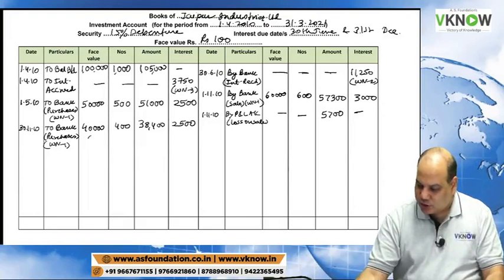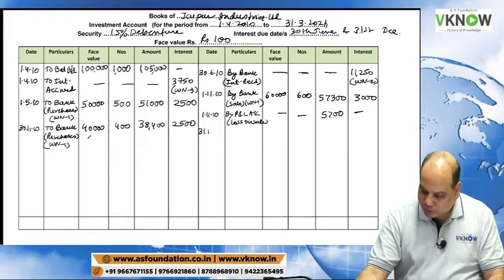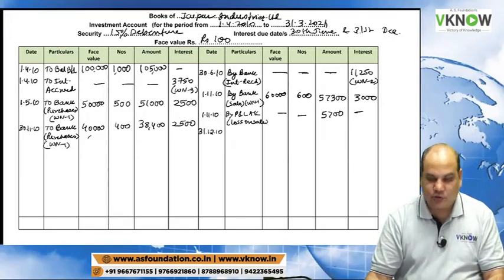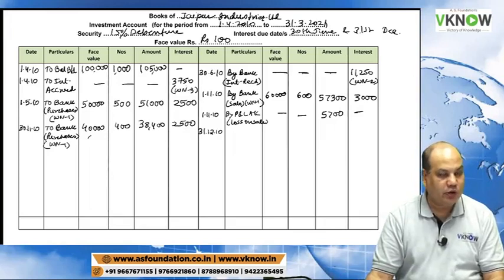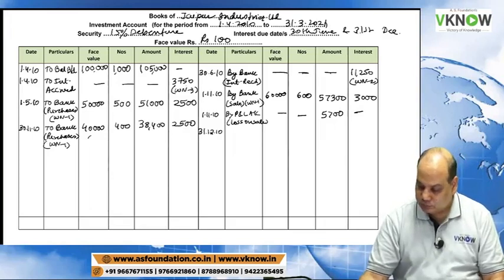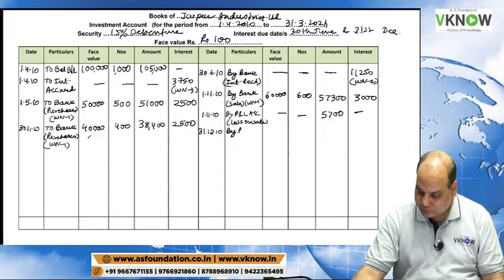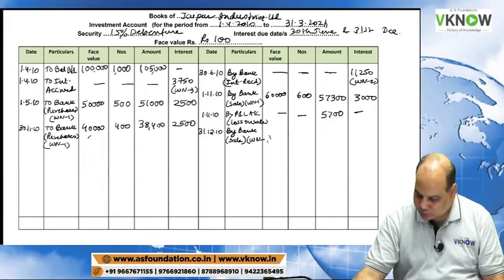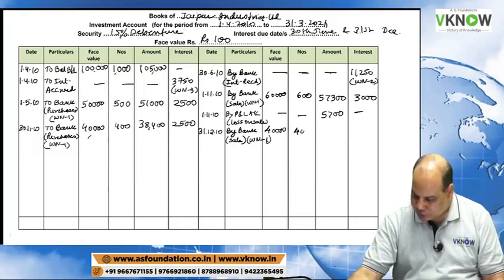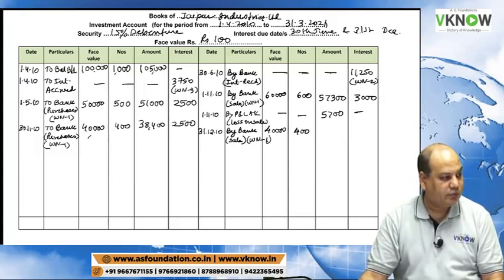Then there is one more sale transaction on 31/12/10, by bank, sale, working note 1. You have sold 40,000 rupees face value, 400 is the quantity.